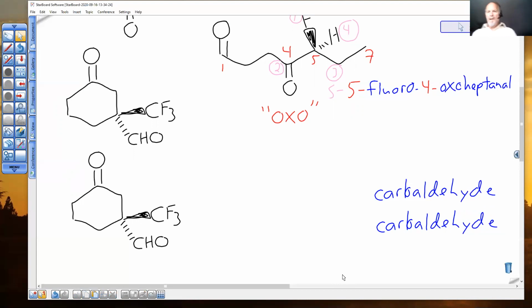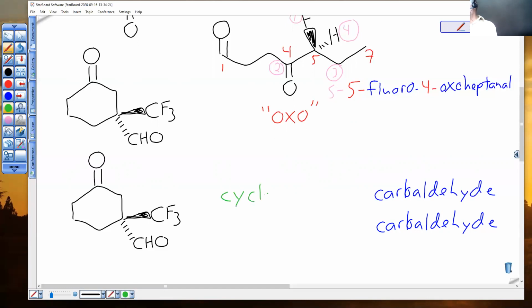You can name every part of this molecule that's not the carbaldehyde as if the carbaldehyde wasn't there, and then add it as a group at the end. If you choose to do that, then what you have is a cyclohexanone. And yeah, you can have the ketone in the name because these are 2 separate words.